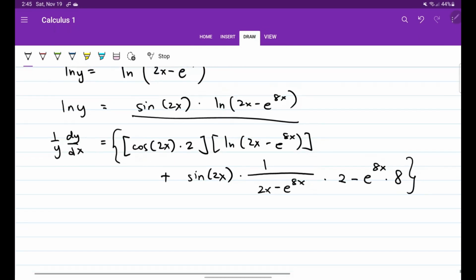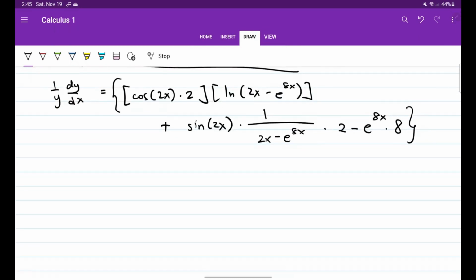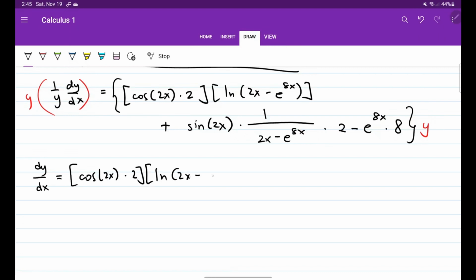And then the last step is we isolate dy over dx. So this is dy over dx. We multiply both sides by y. So we just copy everything: cosine 2x times 2 times ln of (2x minus e to the 8x) plus sine 2x times 1 over (2x minus e to the 8x) times (2 minus e to the 8x times 8).